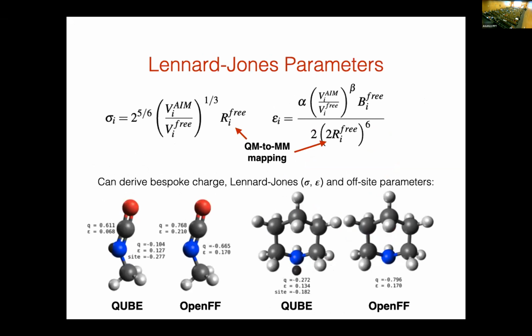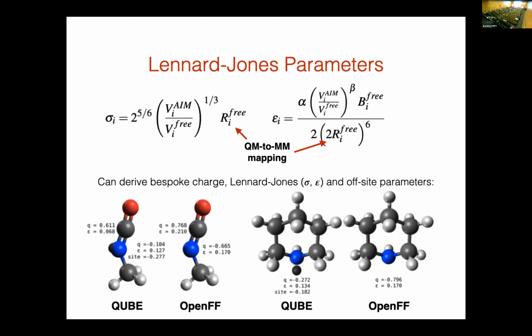So that's charges, anisotropy. The last term in the force field is the Lennard-Jones potential. And for those that are familiar with the Tkatchenko-Scheffler type approaches for estimating C6 parameters for DFT calculations, we take a similar sort of approach for modeling the Lennard-Jones potential.